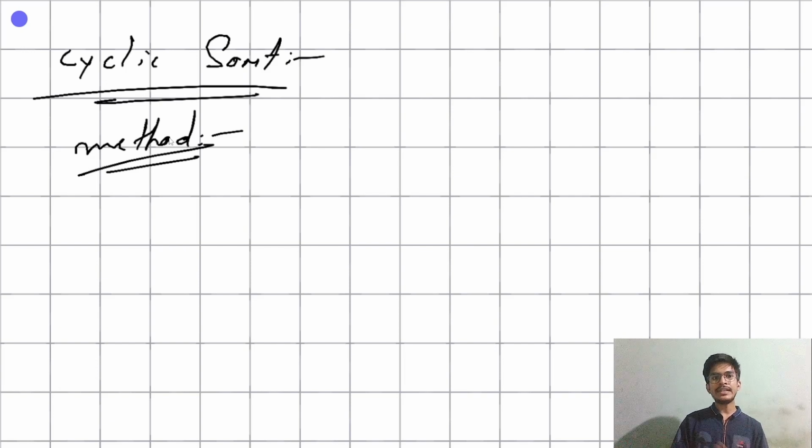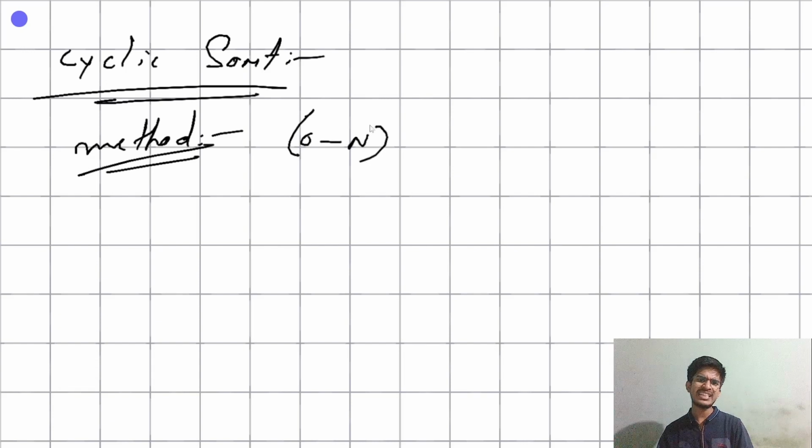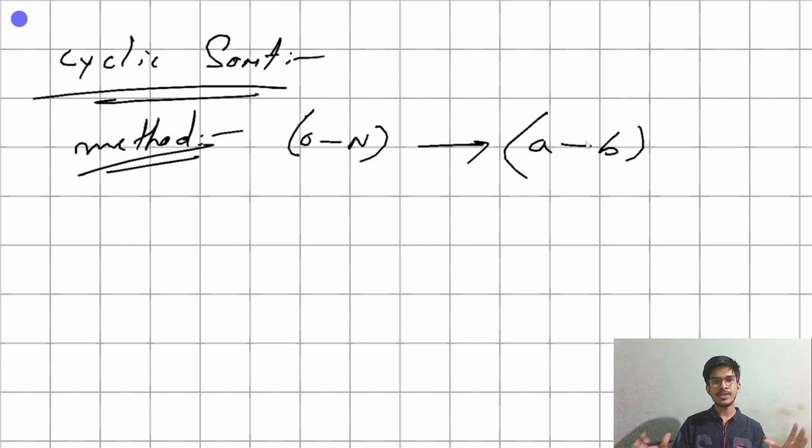It works only on a list whose elements are generally from the range 0 to n, or any specific range, suppose from a to b. It should be a specific range, and all the elements in the range should be present there.